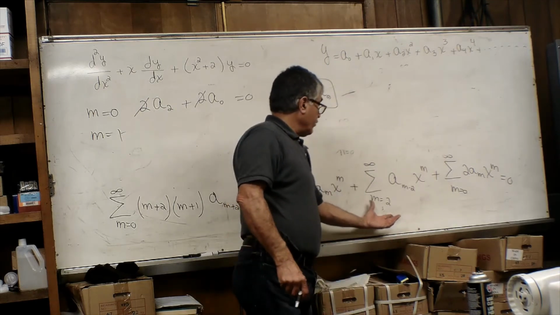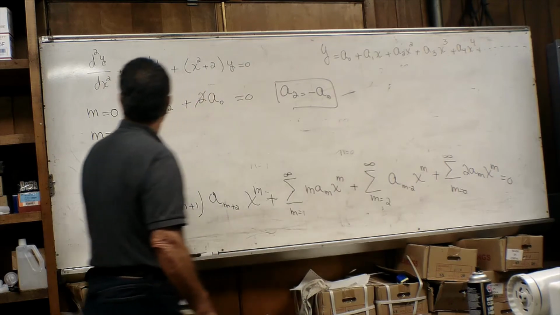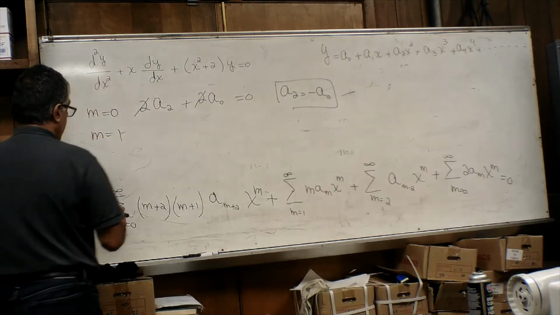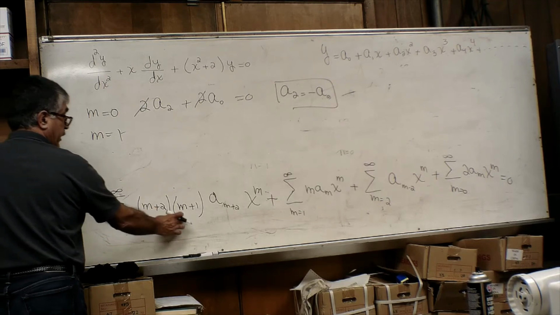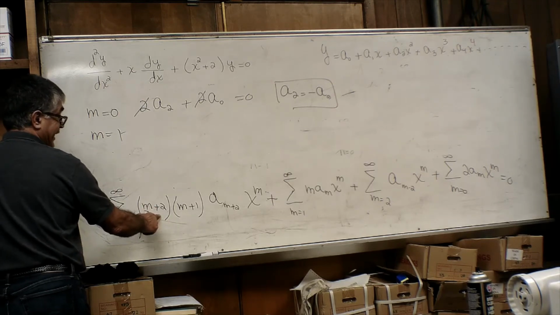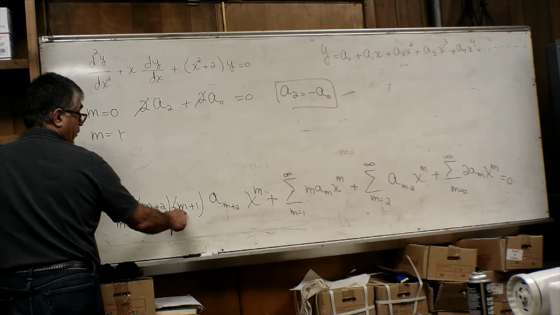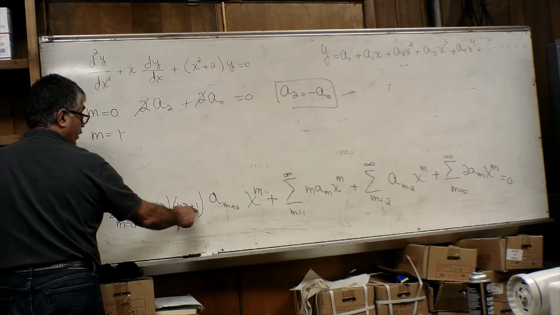It will not apply to this one, because this summation is from 2 and up. So for m equal to 1, if we plug 1 into this summation, we are going to have 1 plus 2 is 3, multiplied by 1 plus 1, which is 2.